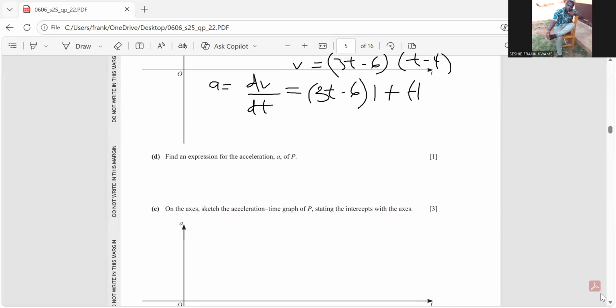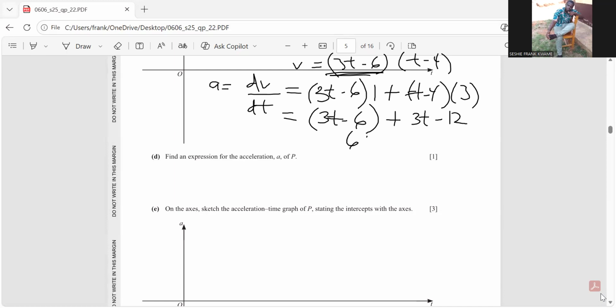I keep t minus 4 and differentiate 3t minus 6, I have 3. So I have (3t minus 6) times 1 is 3t minus 6, and 3 times (t minus 4) is 3t minus 12. 3t plus 3t is 6t, minus 6 minus 12 is minus 18. And that is my acceleration in meters per second squared.